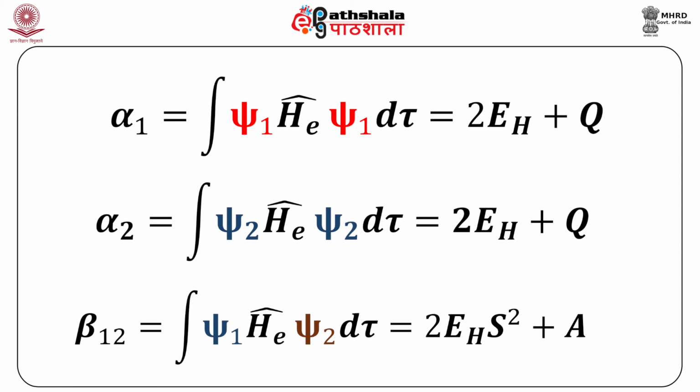Here we had defined the integrals alpha 1, alpha 2 and beta 1 2. As you can see, they are very easy to remember. In all of them the electronic Hamiltonian is coming. In alpha 1, psi 1 and psi 1 both are coming, whereas in alpha 2, psi 2 is coming, and in beta 1 2, both psi 1 and psi 2 are coming.